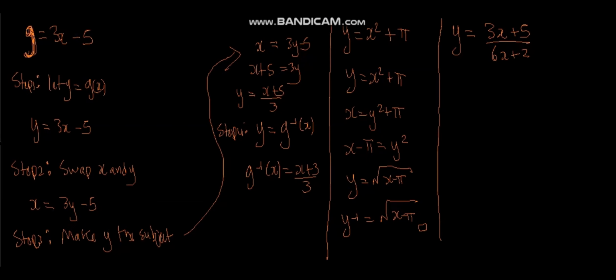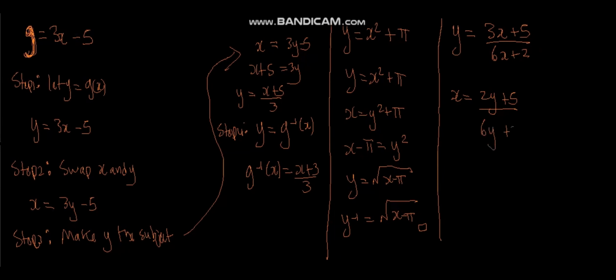If it was g or f, then you would have said let y be equals as step 1 shows. So interchange x and y, we will get x is equals to 2y plus 5 all over 6y plus 2.